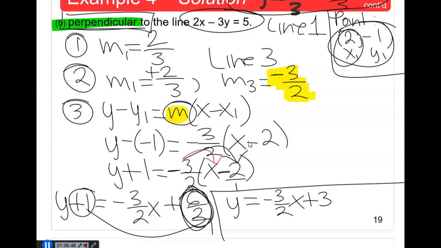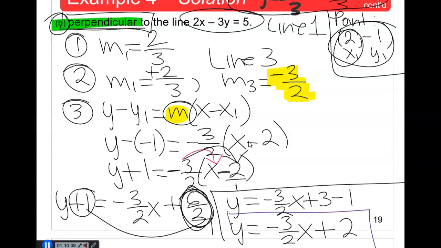The plus 1, take it across the equal sign or subtract 1 from each side. So it's going to be a minus 1. So the final answer for part B of this problem is going to be negative 3/2 of x plus 2. And that will be the final answer to that problem.